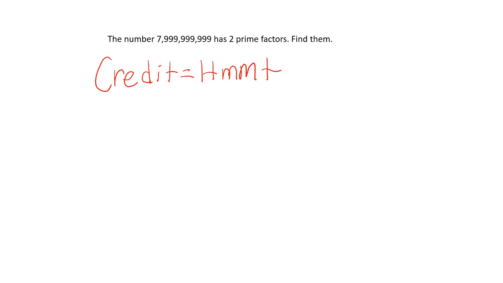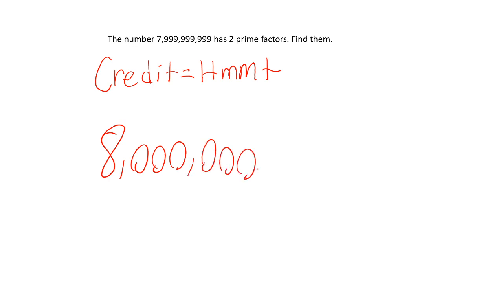Alright. Two prime factors. Well, I think of factoring in this case. I want to break my big number down into smaller factors. How can I factor this? How can I express this in terms of factoring? Well, I see that with what numbers is this number close to? It's close to 8 billion.